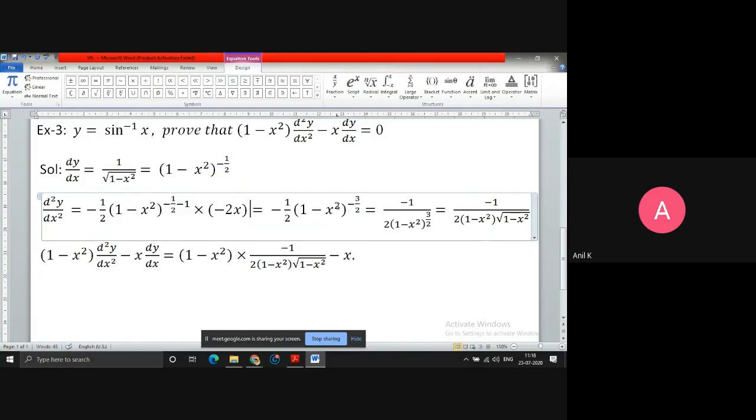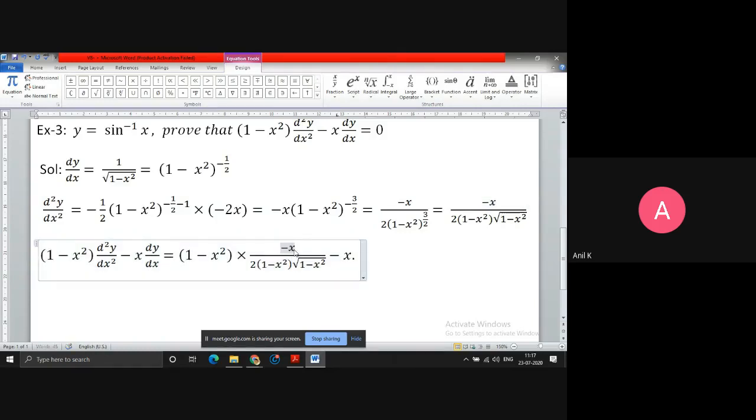So that part we are missing. If minus 2x is there, then 2 and 2 will get cancelled, so no need of the fraction here. This denominator 2 and this numerator 2 both get cancelled. So instead of minus 1 by 2, just x will be left out. Instead of 1 here, you will get minus x. Here also instead of 1, you will get minus x. So here also it will give me minus x.